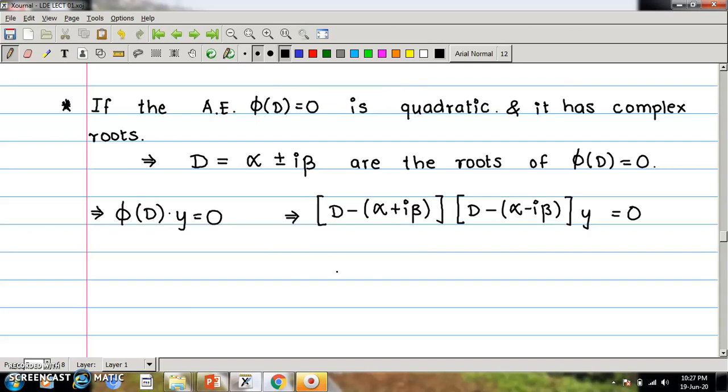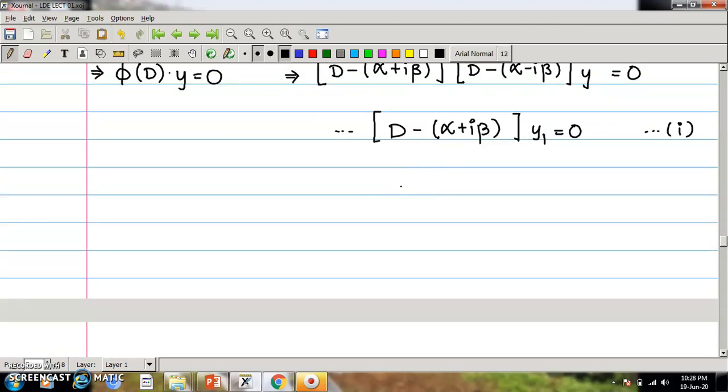So we consider the differential equations (D minus alpha plus i beta) y1 equal to 0, this will be equation number 1, and the second equation (D minus alpha minus i beta) y2 equal to 0, this will be equation number 2.